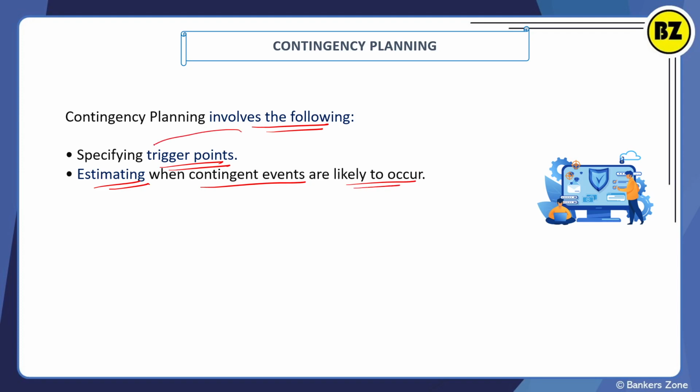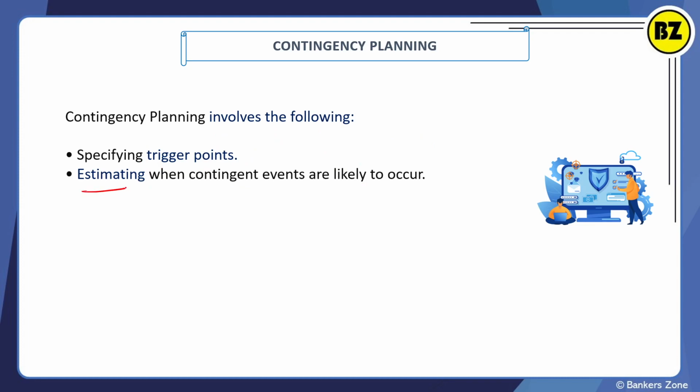So what does trigger point mean? For example, if we have a fire in the premises, then there must be a smoke sensor installed in the premises of the company, so that we have a trigger point that now we have to execute our backup plan, our contingency plan. If there is a fire, what steps do we have to follow? That is the trigger point.